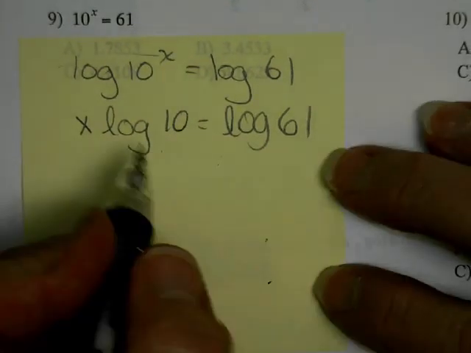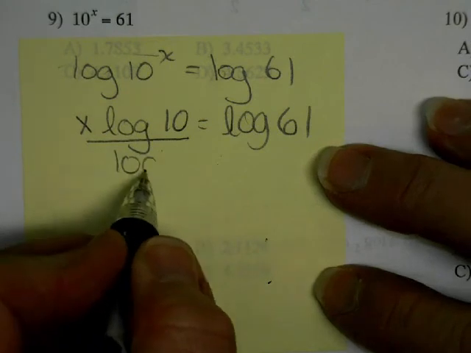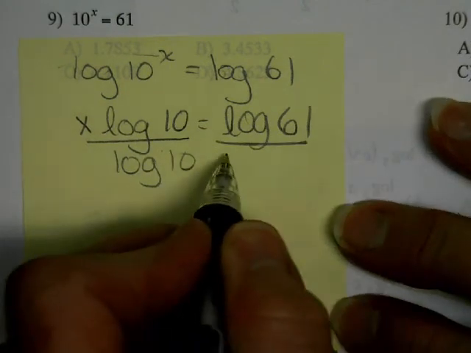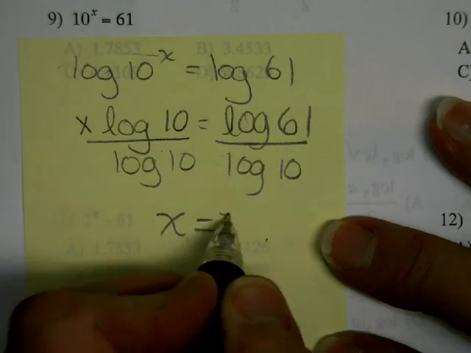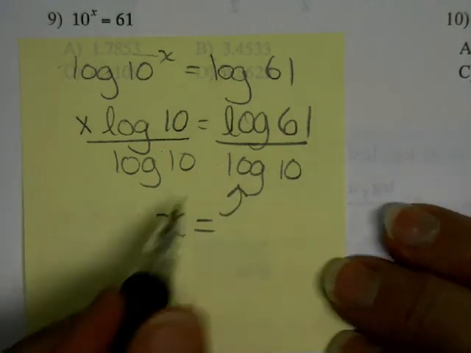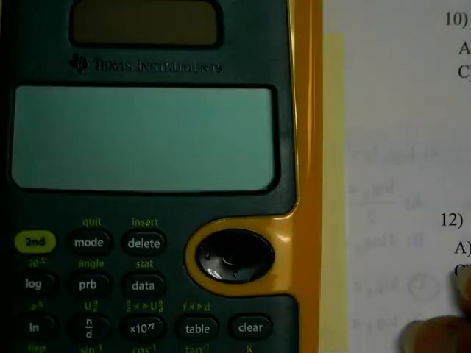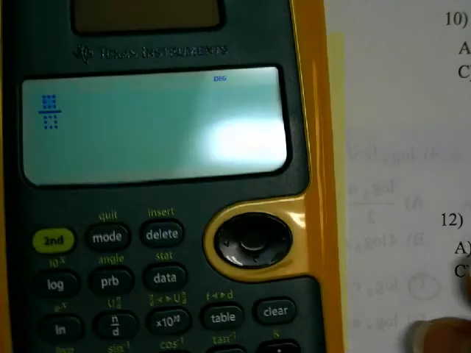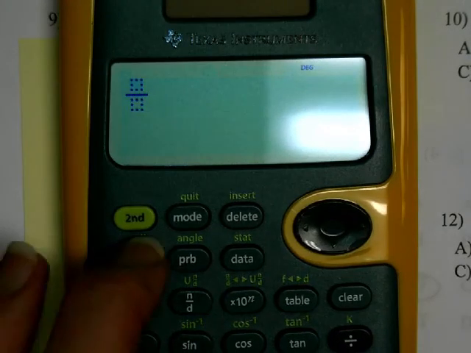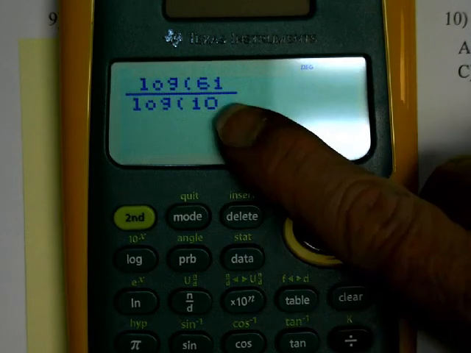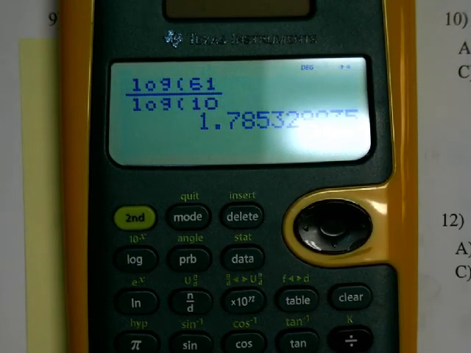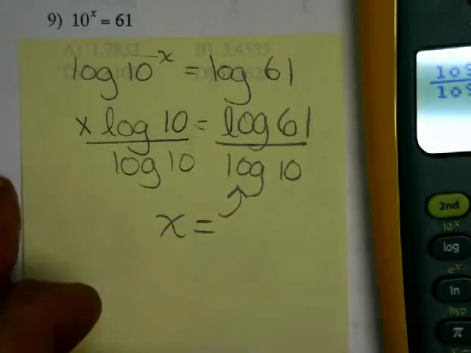And even if you don't notice that's the number 1, you could still just do this in your calculator. And x equals that expression. So I put in log of 61 over log of 10. And that log of 10 is just 1. But if you didn't remember that, you're okay.